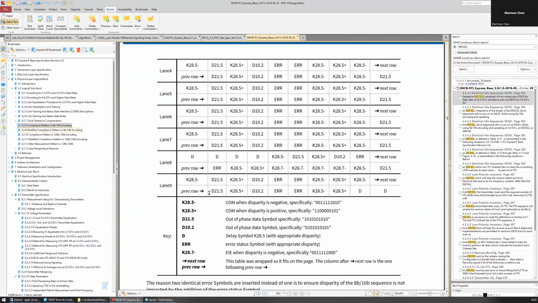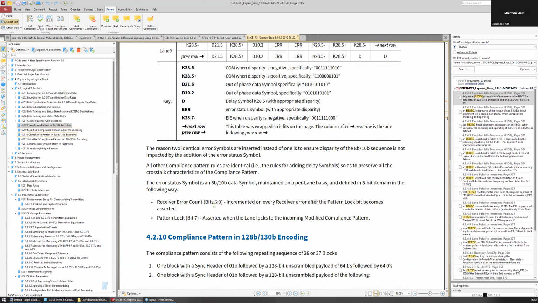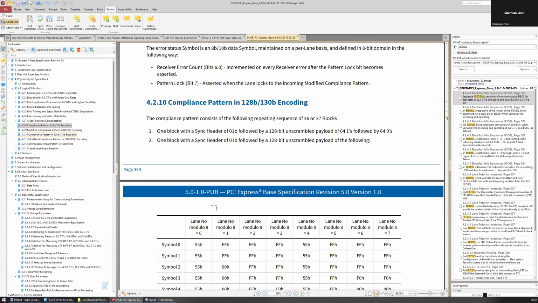And similarly, it's also based on 10 lanes. Here are the detailed explanations or definitions for each symbol.